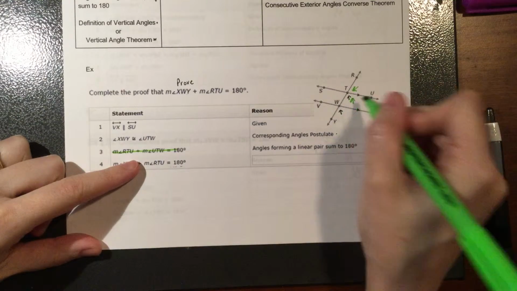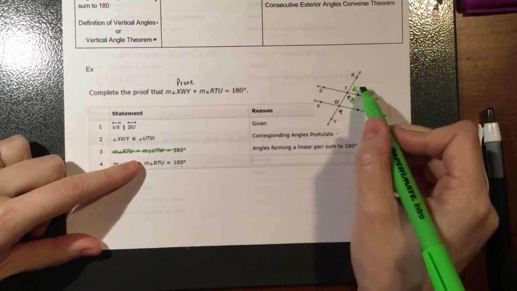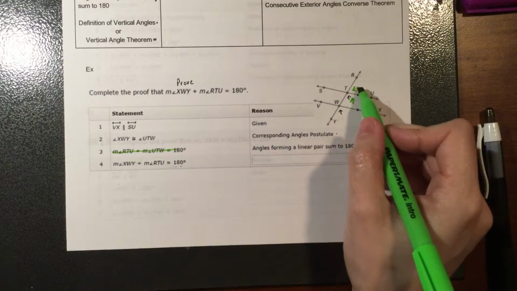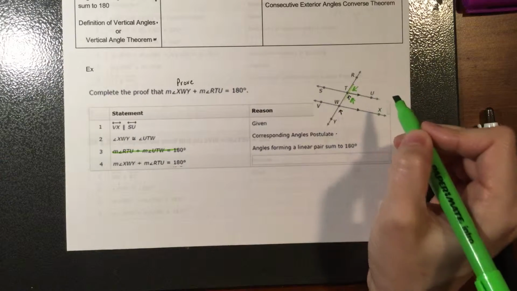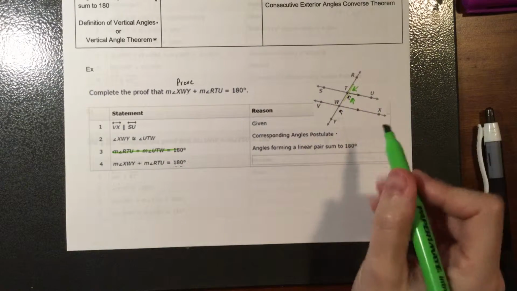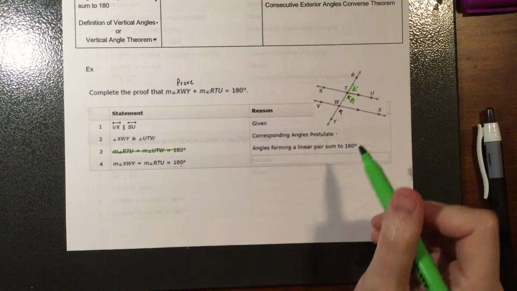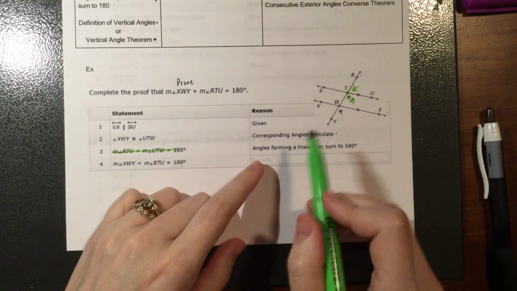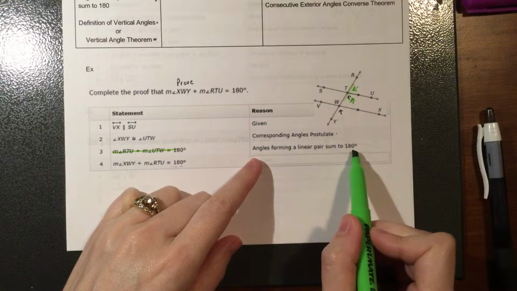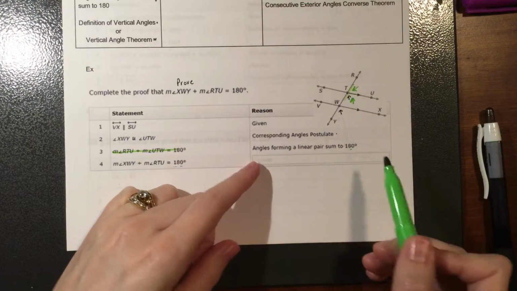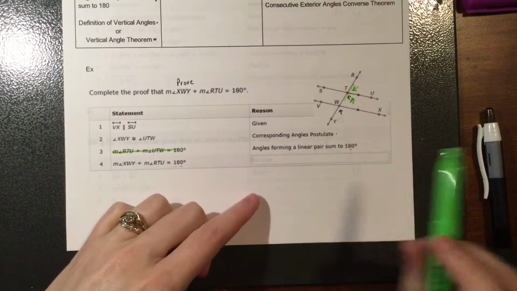So this one right there is going to be equal to 180 degrees. Okay, well, yeah, that's true because this is a line and those two angles are a linear pair. And so I would normally say definition of a linear pair, but what they do in this section is angles forming a linear pair sum to 180 degrees. So that's what it is. So we're good so far.